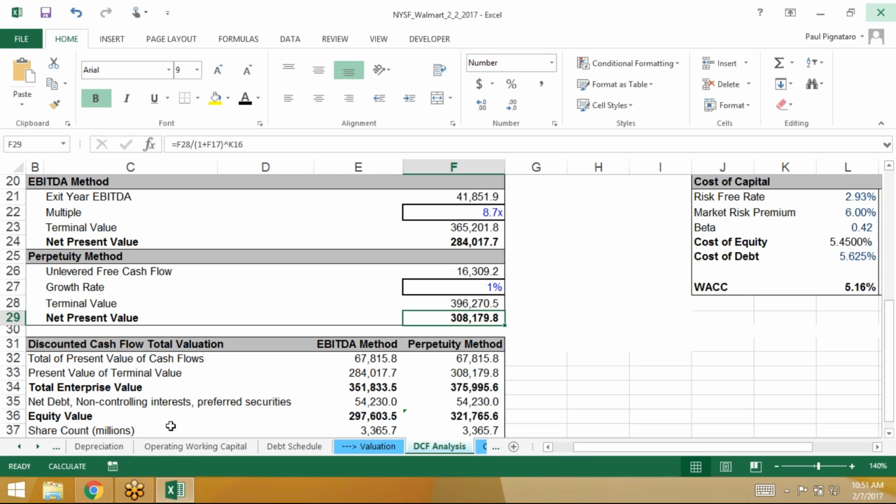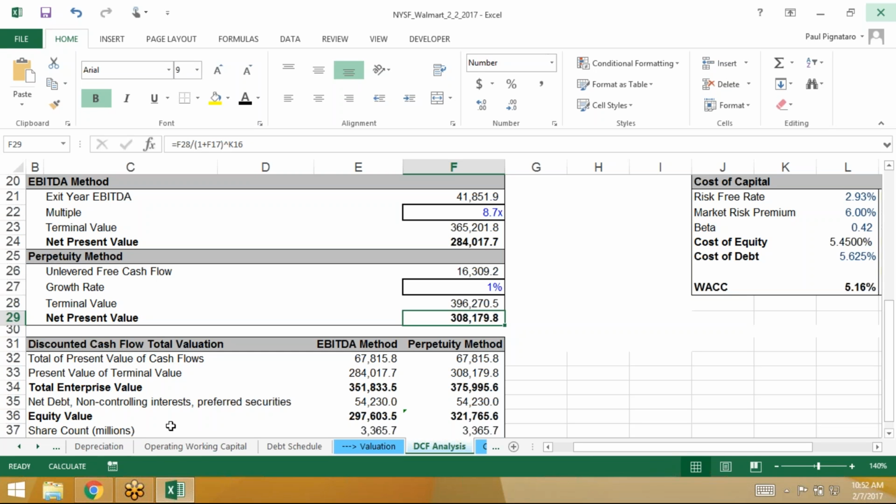What drives the EBITDA method? Do you know what drives the EBITDA method? What's the variable driver? Where's it come from? How'd you calculate it?